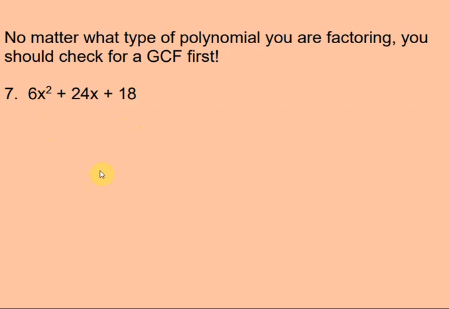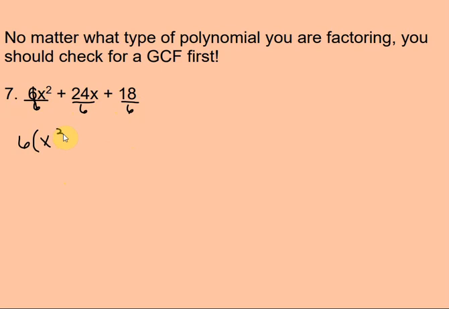So, if your trinomial has a greatest common factor, you need to factor that out first. So, I'm going to factor out a 6, which means that I'm basically just going to divide every term in the trinomial by 6. And the 6 goes on the outside of my parentheses, and then I'm going to write what's left once I divide by 6.